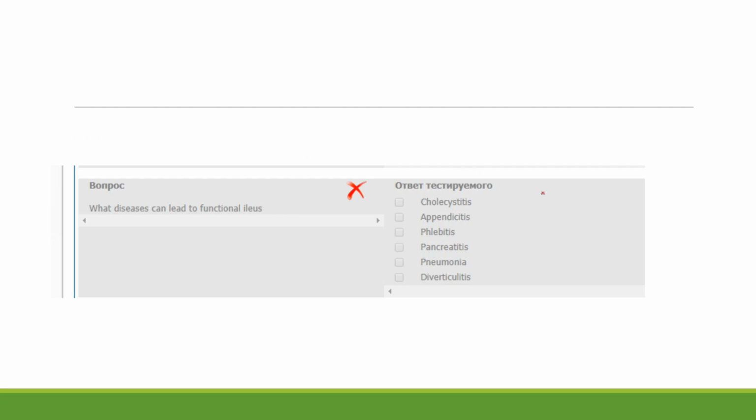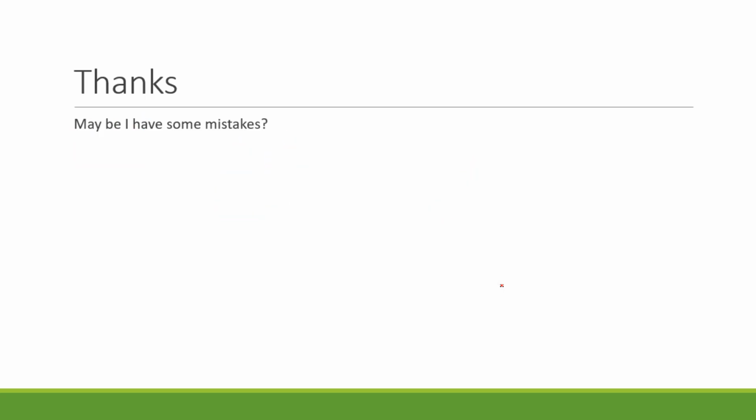And others, it is inflammation in the gastrointestinal tract. Yes, and maybe for you it is good. Okay, that's all about this test.